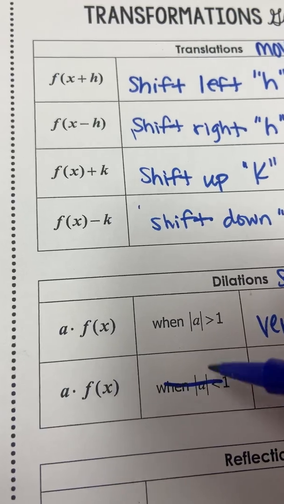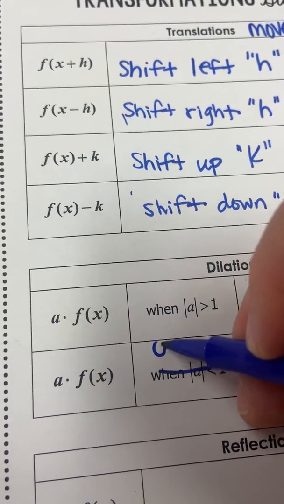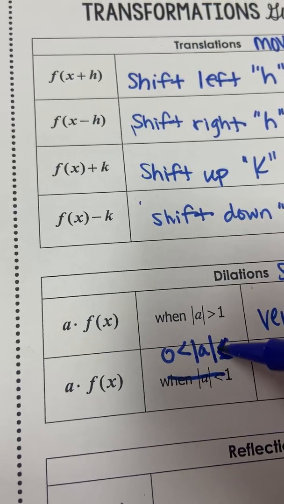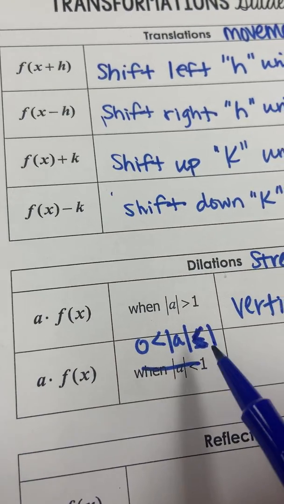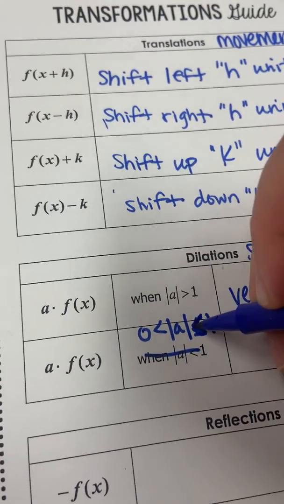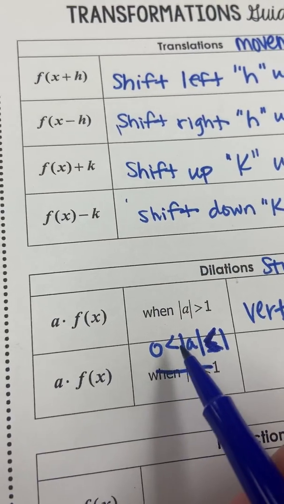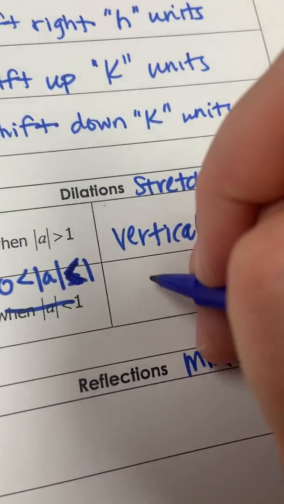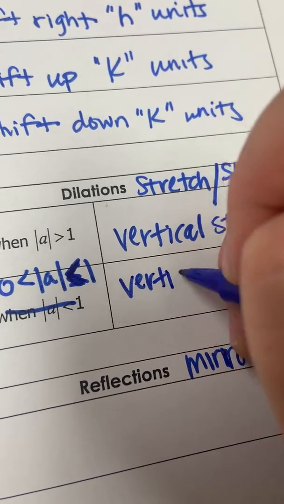You actually want to put when it's between 0 and 1. Oopsies. When the a is between 0 and 1, but it can't equal 0 and it can't equal 1. So it's 0 is less than the absolute value of a, which is less than 1. That's a vertical shrink or compression.